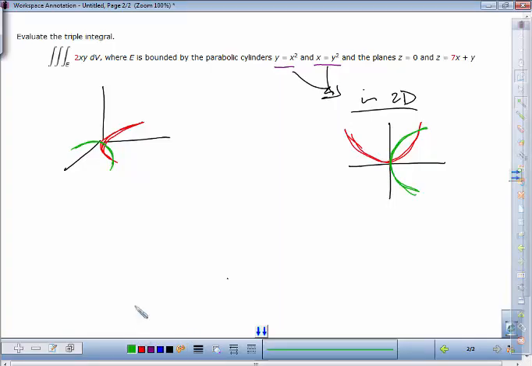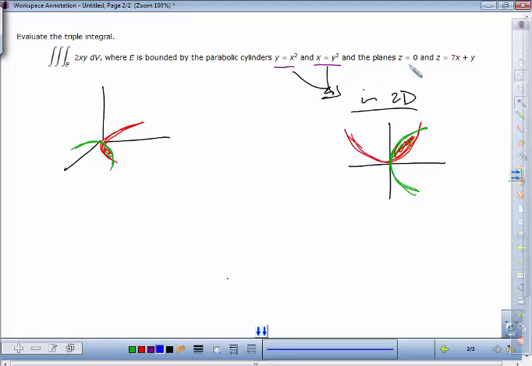So I'm only going to focus on this little region over here because this is the region that they're talking about. That region in 2 dimensions is going to get swept up and down.